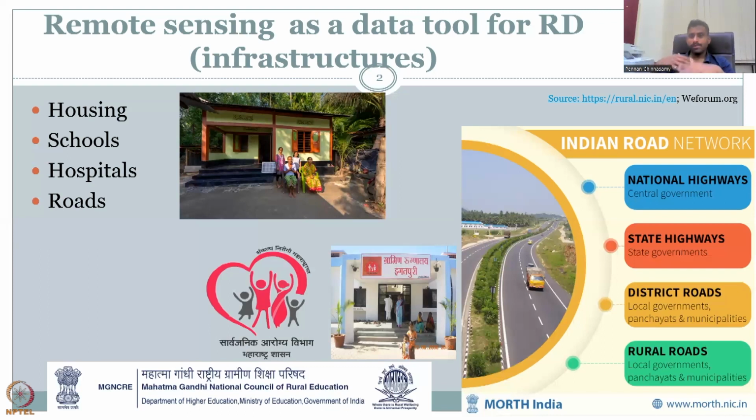District roads come under the local governments, panchayats, and municipalities, whereas the rural roads come under the local governments and mostly the panchayat. If the rural road is connecting to a municipality, it is done 50-50%, but mostly the gram panchayats take care of it. They don't have the capacity to put it on a map.